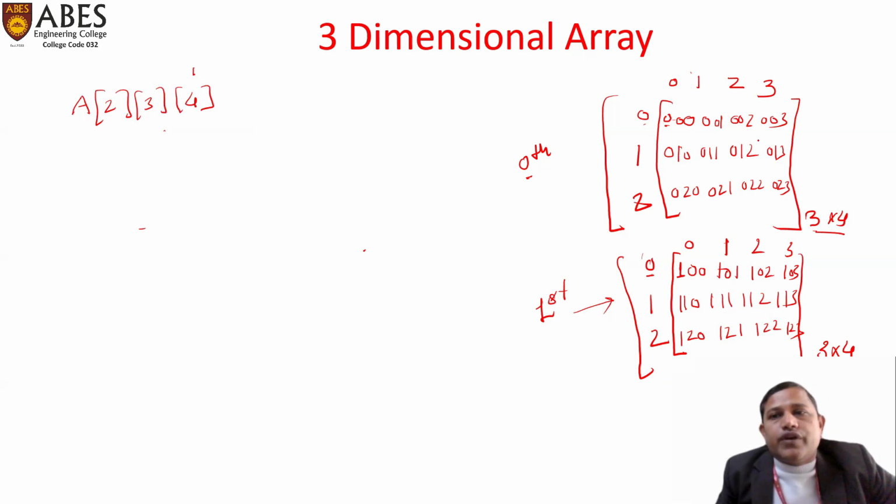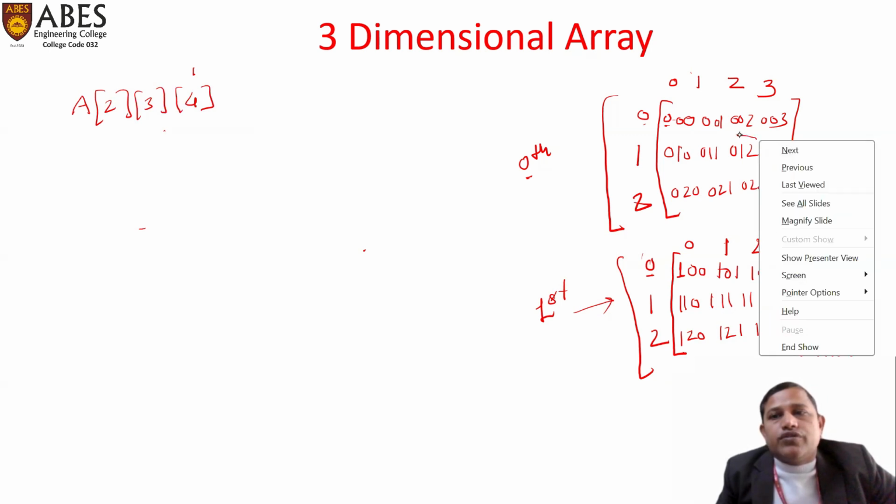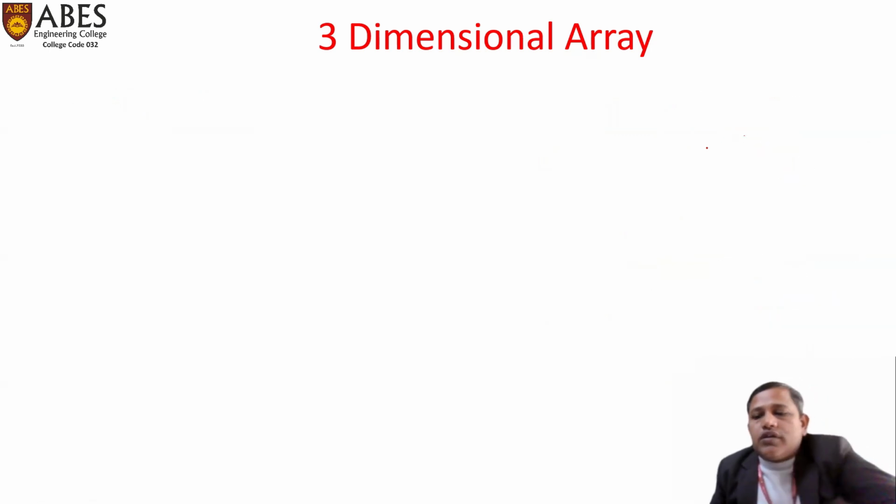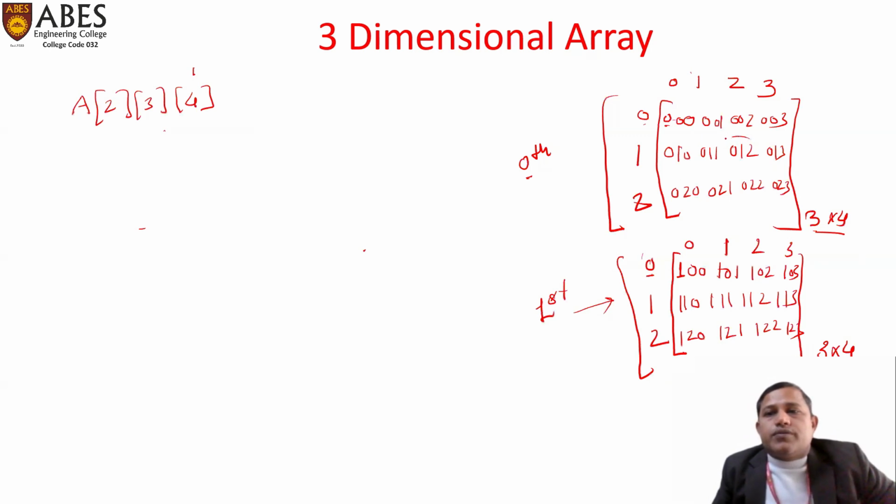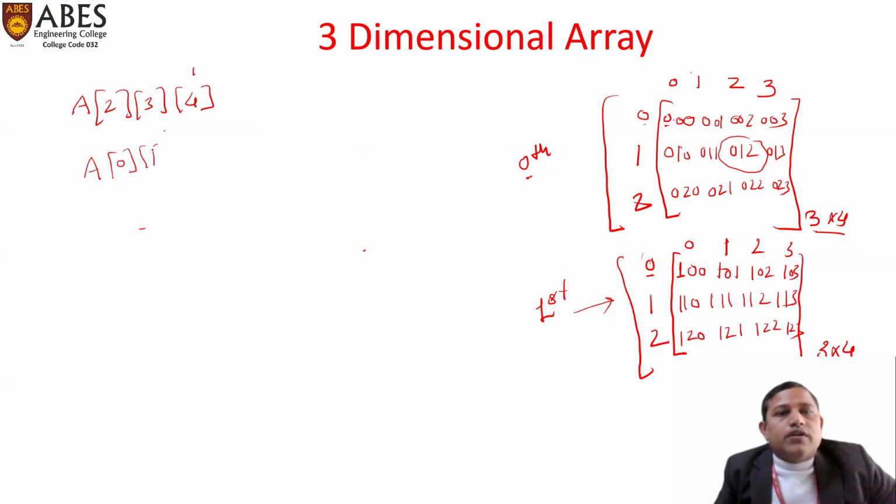Suppose we want to find the location of this element, which is represented as A[1][2][3].